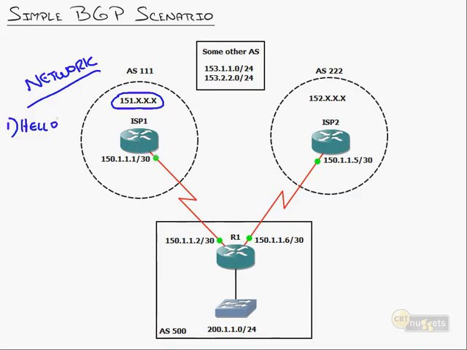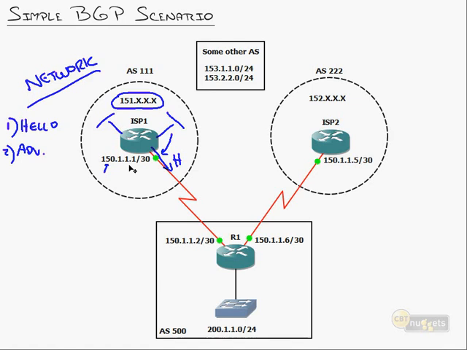As soon as I type in, let's say, network 150.1.1.0 in OSPF, it would say, oh, there's an interface, it's 150.1.1.something. Let me, number one, start sending hello packets out that interface. And number two, I will automatically advertise any connected interface of that device that starts with 150.1.1, depending on the wildcard mask and all that.